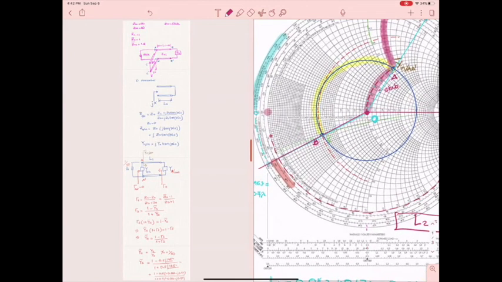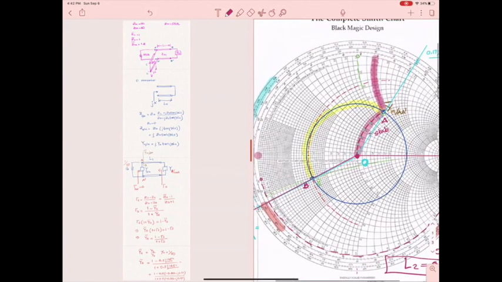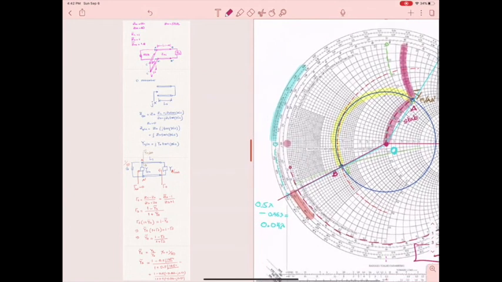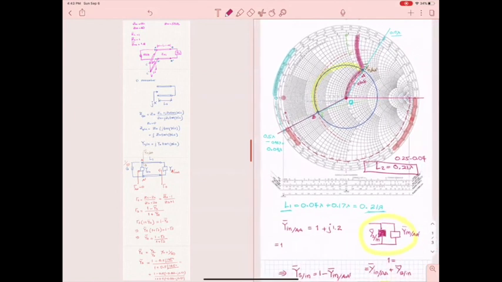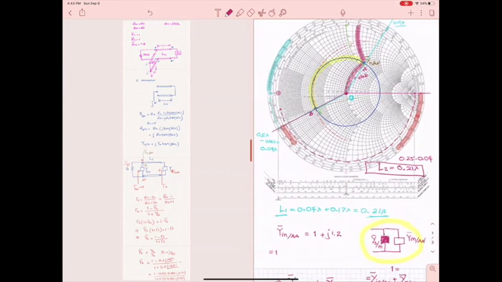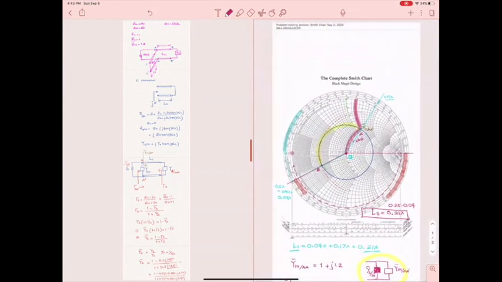Isn't the 1.2 down by the bottom? Yeah, wait a second. Let me see what I did. I measured the distance to be minus 1.2.